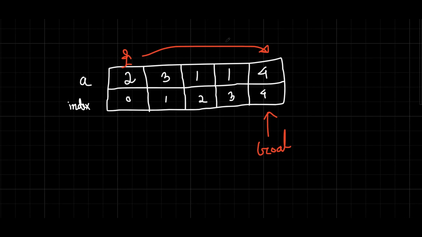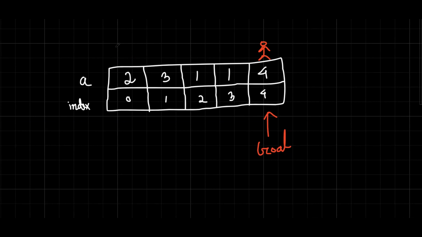But we will analyze this problem in reverse order. We will solve the problem in such a manner that currently we are present at the last index, and we will try to reach the first index. If starting from the last index, we are able to reach the first index, then in this case we will return true. Otherwise, we will return false.